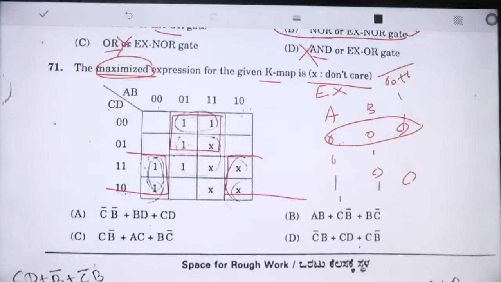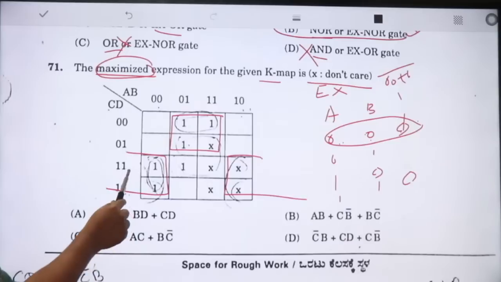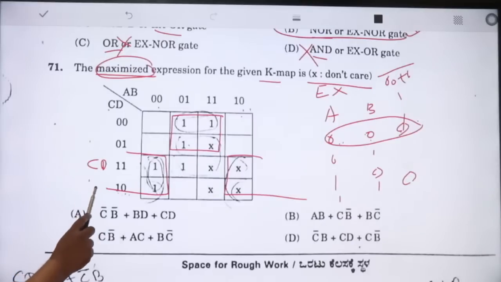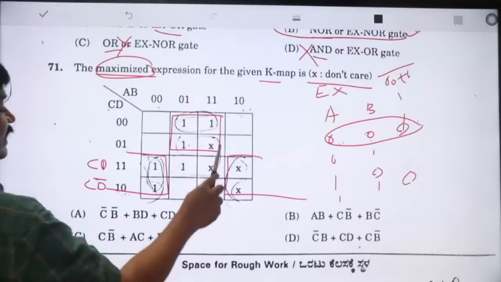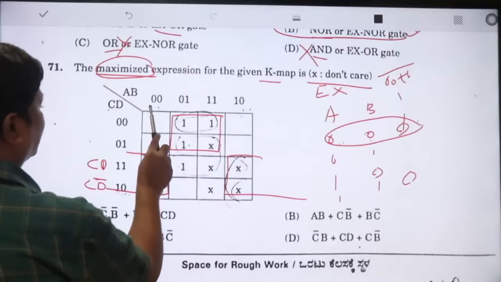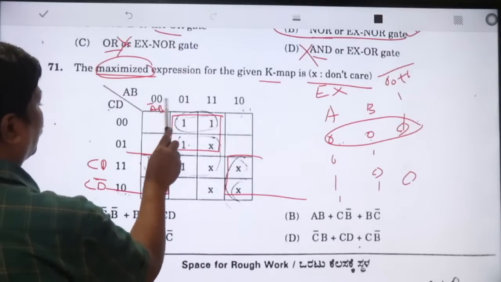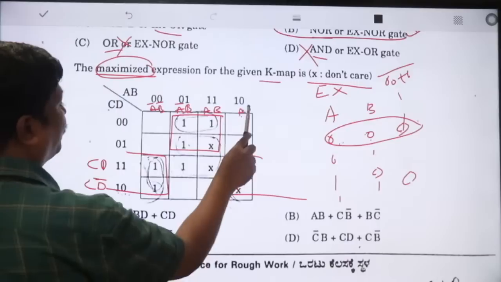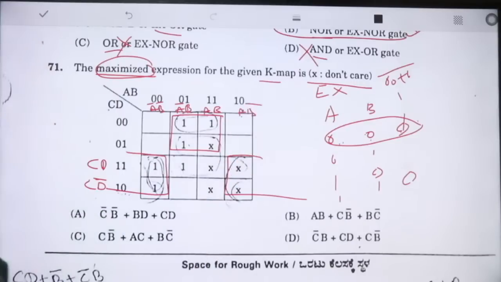One quad like this. What is common for this one quad? Here the columns are CD, CD bar, and the rows are A bar B bar, A bar B, AB and AB bar. What is common for this quad?